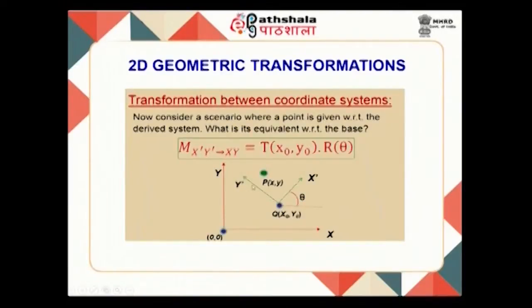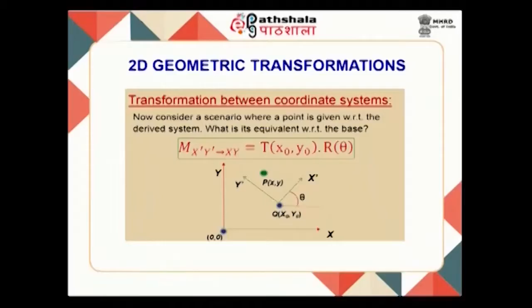First, assume that P x, y is a point given here, and what is its equivalent in the base system. For that, we have to align our base system with the derived system. Let me repeat that again. In this scenario, we will be aligning our base system with the derived system.